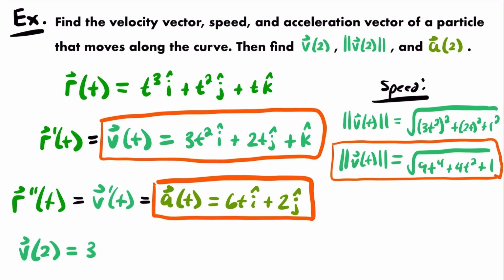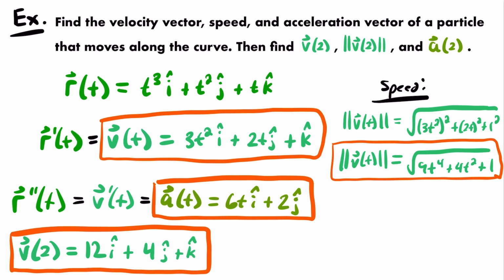So we have 3 times 2 squared times i plus 2 times 2 j plus k. The z component doesn't have any t's, so nothing changes there. But then 2 squared is 4, times 3 is 12, and then 2 times 2 is 4. So just rewriting those components right here, we have 12i and then 4j. Okay? That is the velocity vector, specifically at time 2. That was the next thing that we wanted to find.